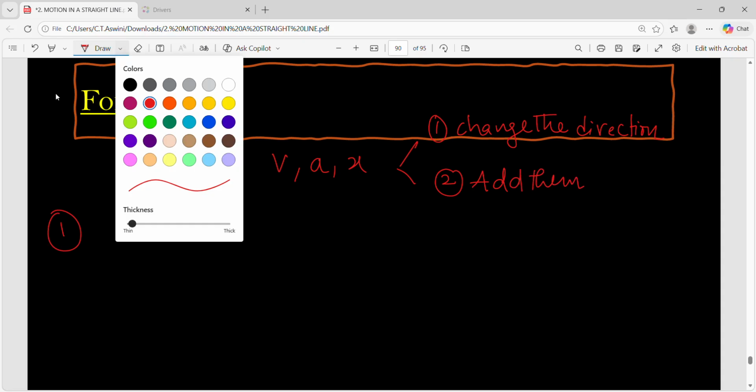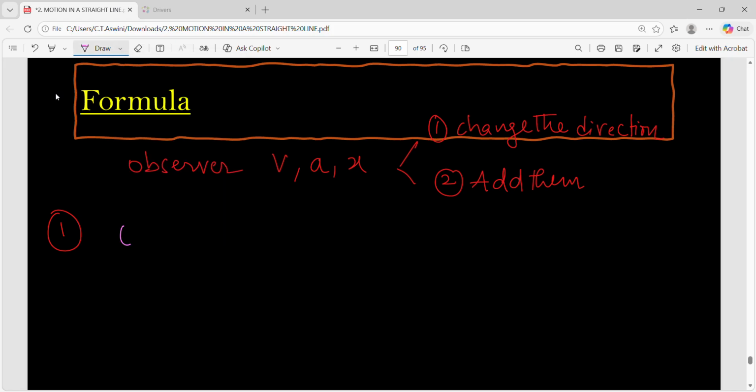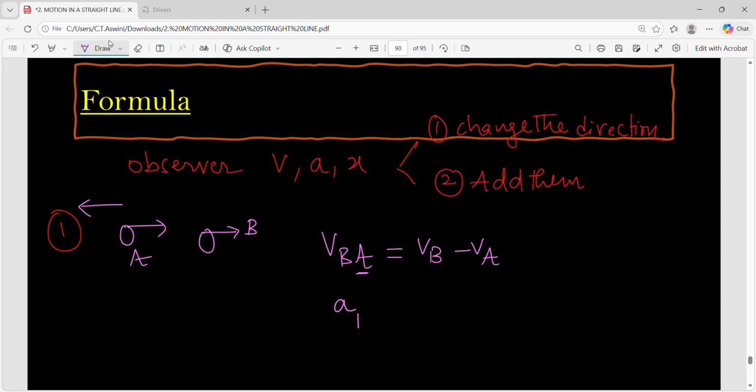For example, object A is moving like this, object B is moving like this. Now, if I ask you what is the velocity of B with respect to A, what should we do? Take B as it is. Observer is whom here? A. So reverse the direction. Then it goes in the negative x-axis, and add them. So negative x-axis, it is minus VA.